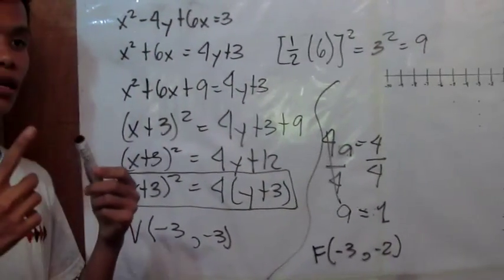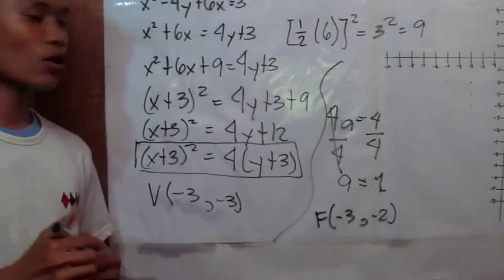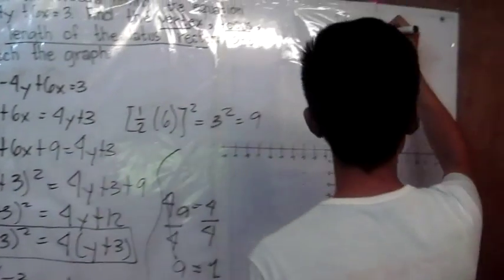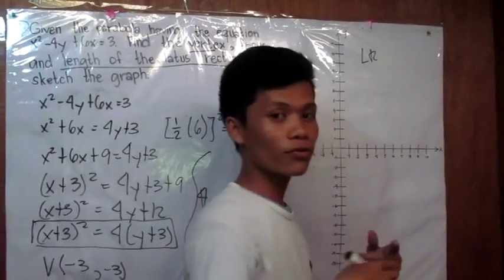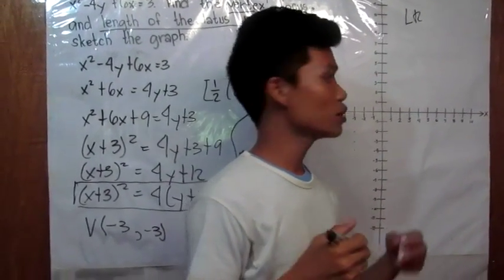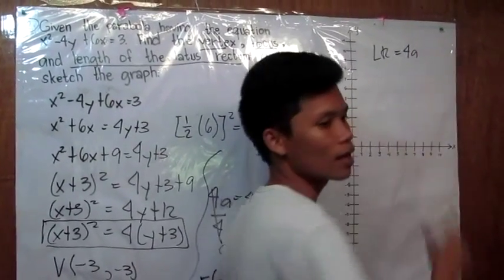Then let's find our latus rectum. We're going to find the value of our latus rectum using the formula LR equals 4a.